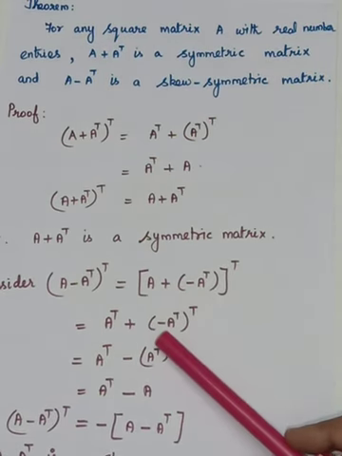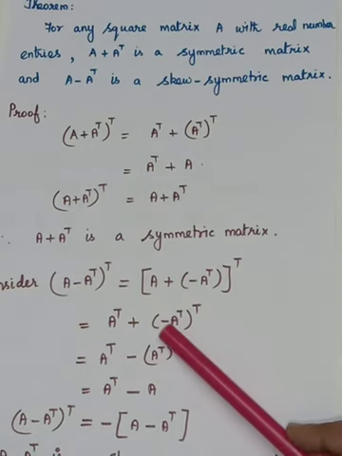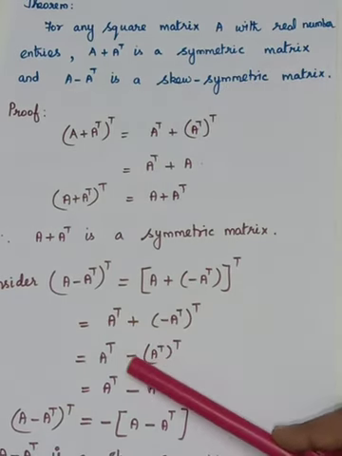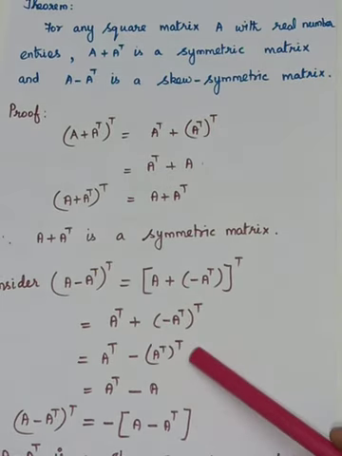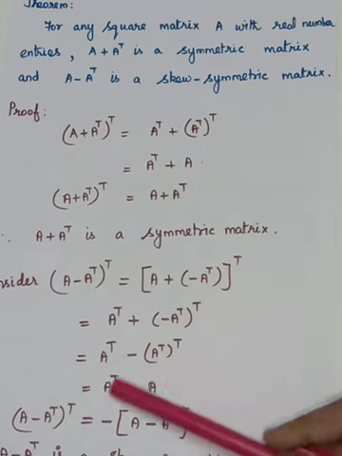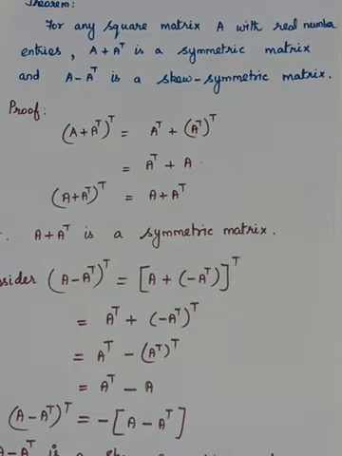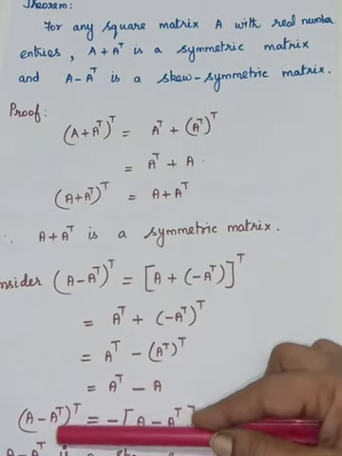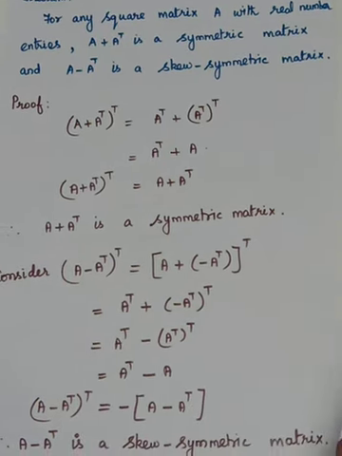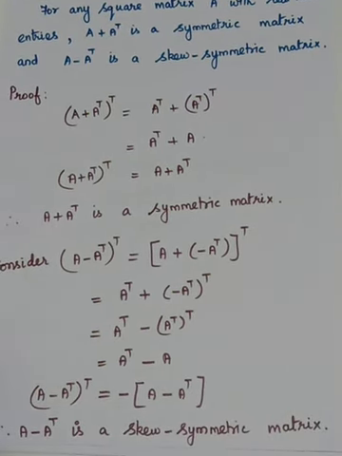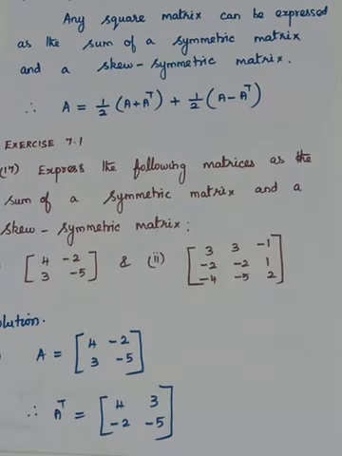And KA the whole transpose is equal to K into A transpose. So the minus 1 into plus is minus A transpose the whole transpose. According to this, A transpose the whole transpose is A. From these two, if you take minus out, it is A minus A transpose. So the transpose of this matrix is the negative of itself, which means A minus A transpose is a skew symmetric matrix.